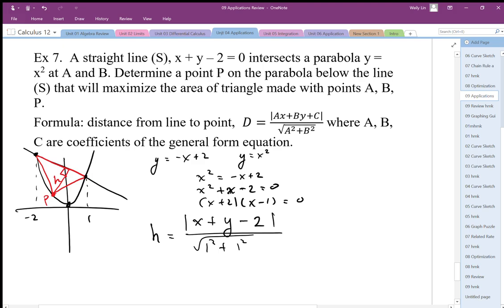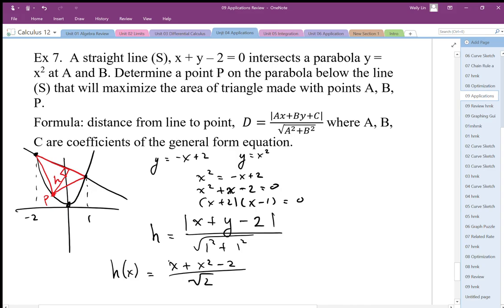So there's my equation that I'm going to maximize. Problem is I can't maximize this because there are too many variables, but we know that that point P has to lie on this xy equation. So I'm just going to replace the y here with x squared. So now I'm making this h a function of x. I end up with x plus x squared minus 2 all over root 2.